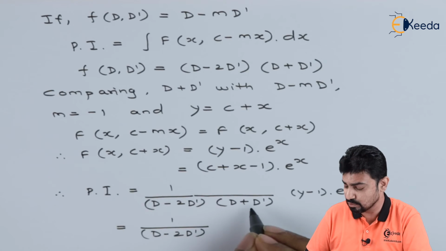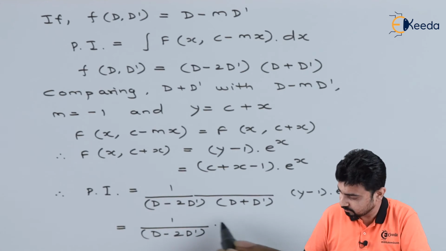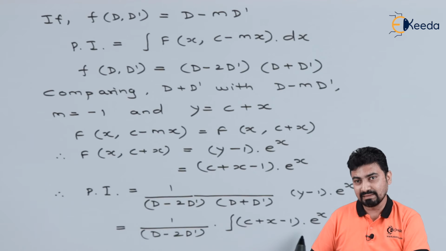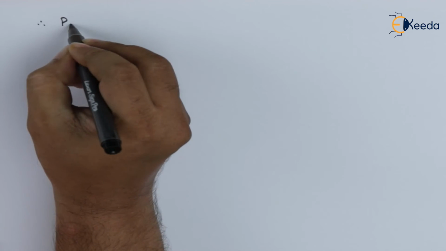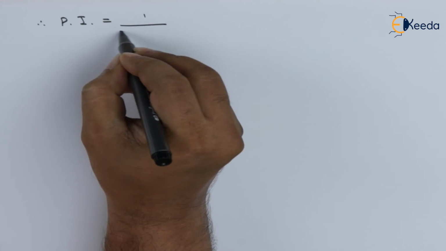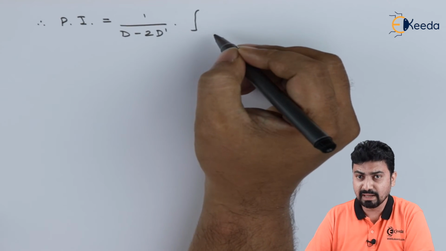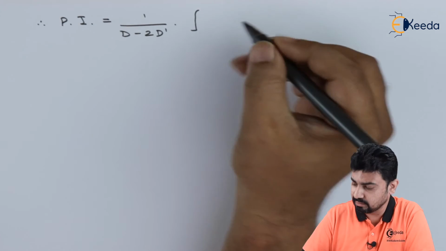Applying the rule to the first factor, we have this. Let us integrate this and then in the next round apply the rule for the second factor. Let us first expand and check how to integrate it.